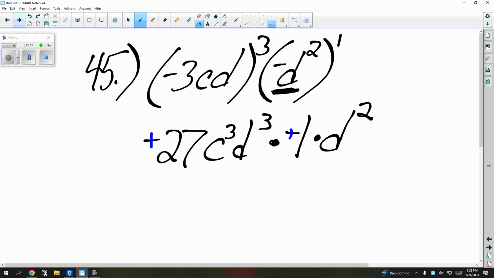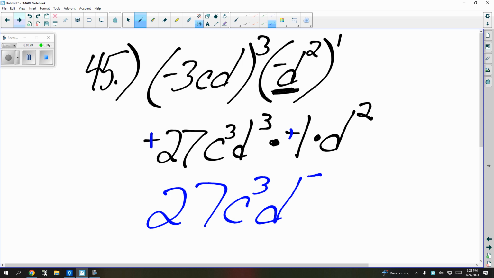So it's going to be -27 times -1, which is 27. And then C cubed D to the 5th. All right. So that one's not too bad, but you really, really, really have to be careful with the 2 negatives. Understand? I hope you understand that one.